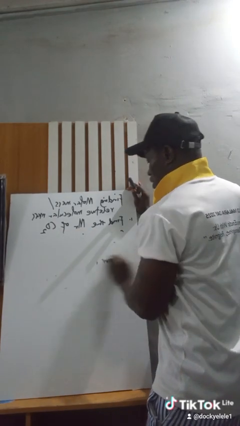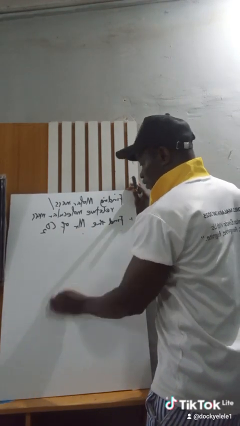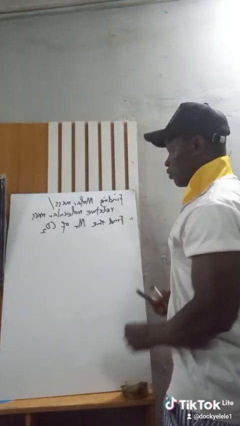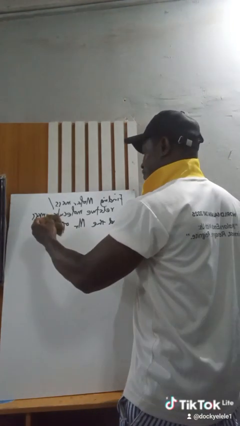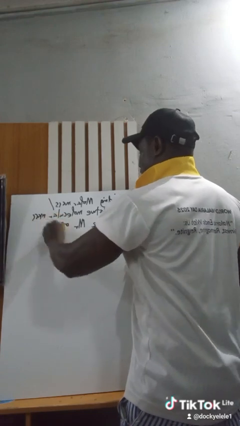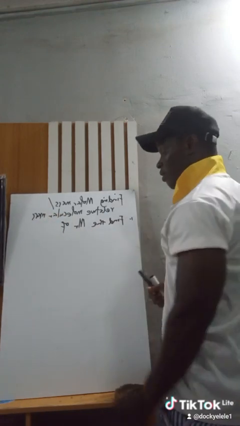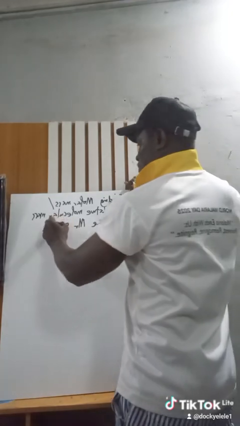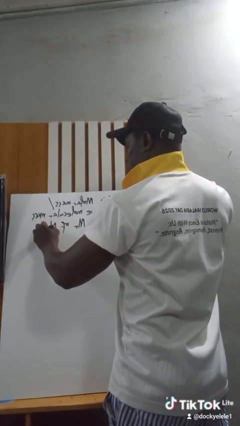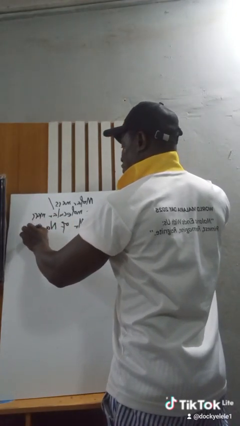Let's go to number 2. Question number 2. I just want to do 2 more before we move on. If I ask you, find the relative molecular mass of sodium trioxocarbonate 4.